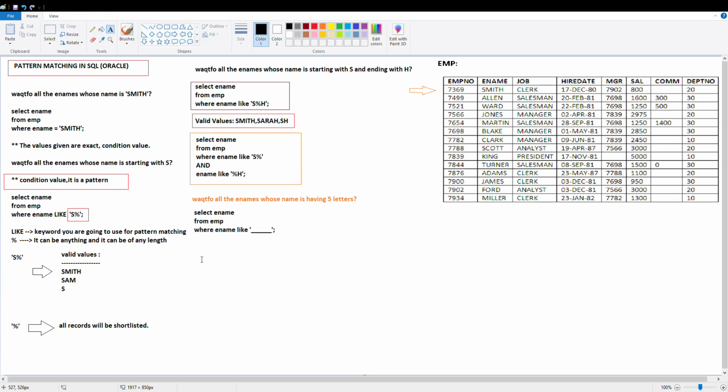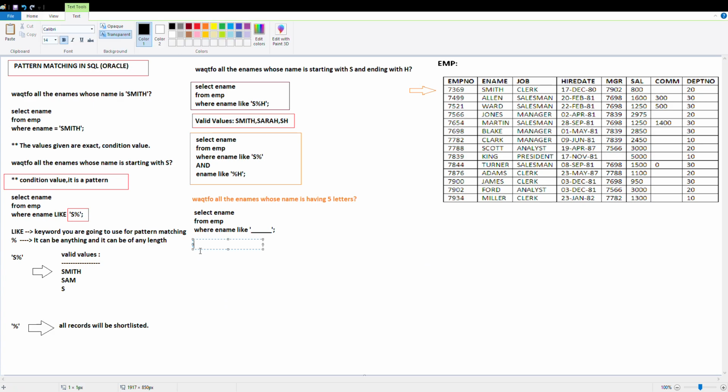So in simple words, whenever there is a restriction on length, meaning it should contain 2, 3 or 4 letters, you have to use underscore. What does 1 underscore mean? 1 underscore means it can be 1 character.